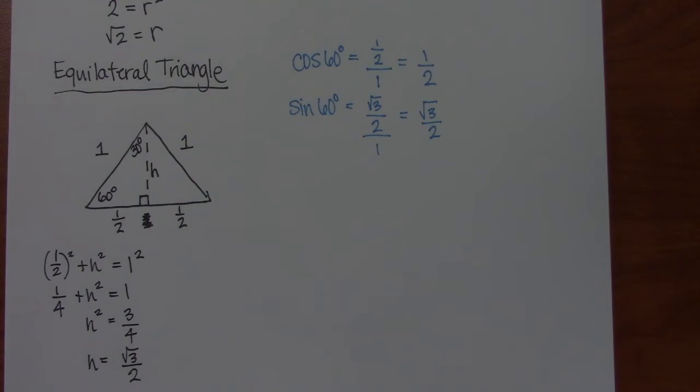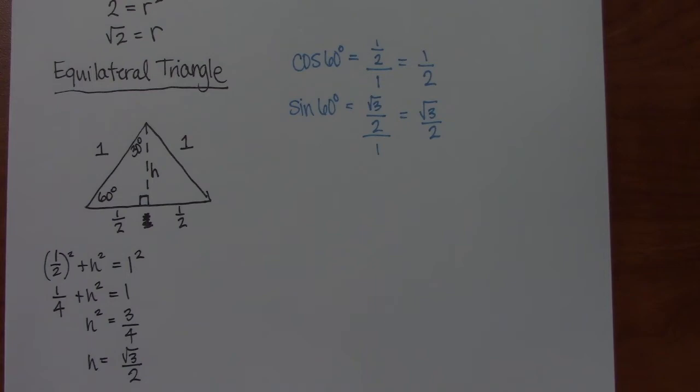So we can actually use this triangle to find sine and cosine of 30 degrees as well, right? But what's going to happen when we switch to the other angle? The adjacent side for 60, which was 1/2, is now the opposite side for 30, right? And the opposite side for 60 is now the adjacent side for 30.